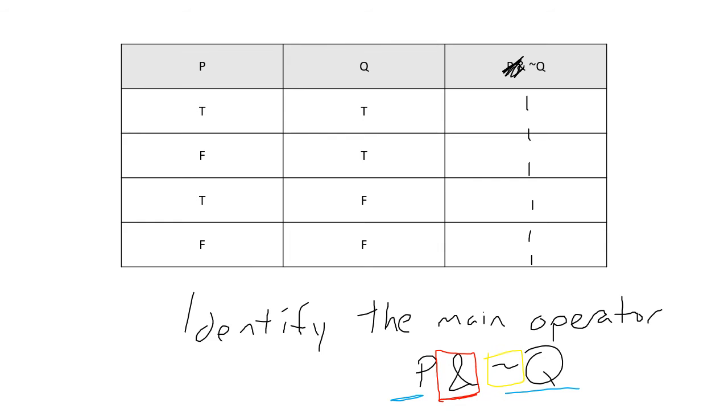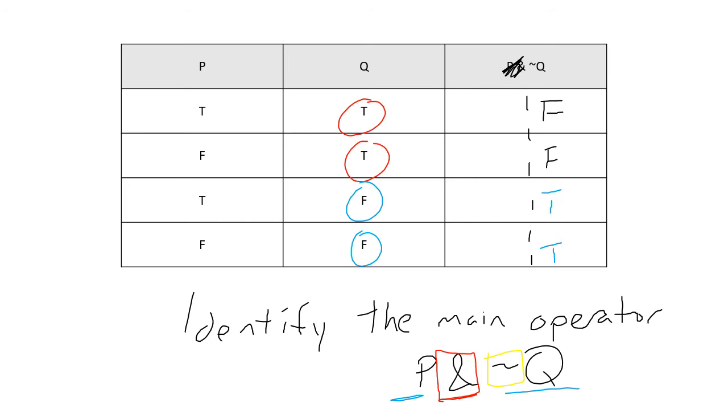Well, here it's true and true, so those trues will get turned into falses. Here it's false and false, so those will get turned into trues. Well, now we've done this operator. So this now becomes our right side.